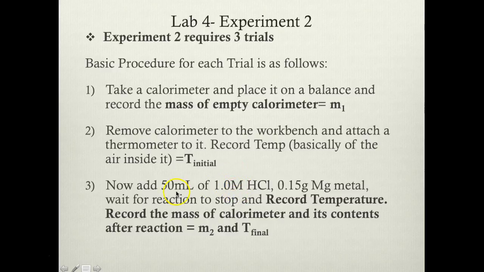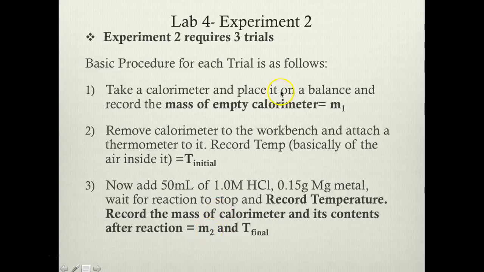To the 50 mils of the acid, you add 0.15 grams of magnesium metal. They immediately start reacting, and a lot of hydrogen bubbles are released. So you have to wait for that reaction to be over and then record the final temperature. Also record the mass of the calorimeter and its contents after the reaction.